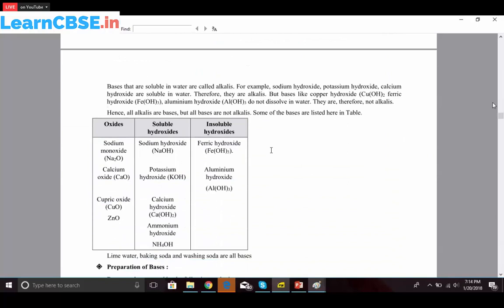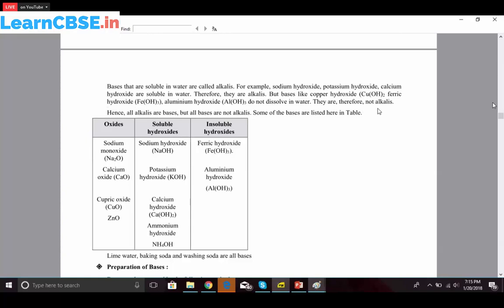Okay. So now again we are splitting the bases. All bases are not soluble. Some of them are soluble, some of them are insoluble. If it's soluble, we call it an alkali. For example, sodium hydroxide, potassium hydroxide and calcium hydroxide are easily soluble in water, so we call those alkalis. But bases like copper oxide, copper hydroxide, Cu(OH)2, ferric hydroxide, Fe(OH)3, and aluminum hydroxide, Al(OH)3, do not dissolve in water.